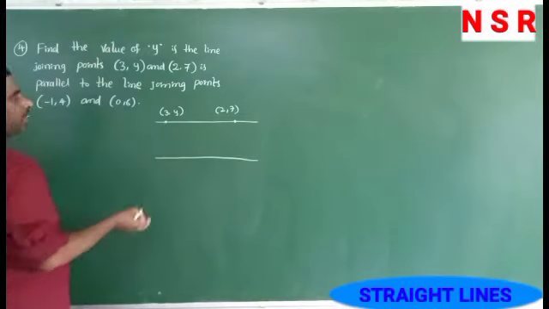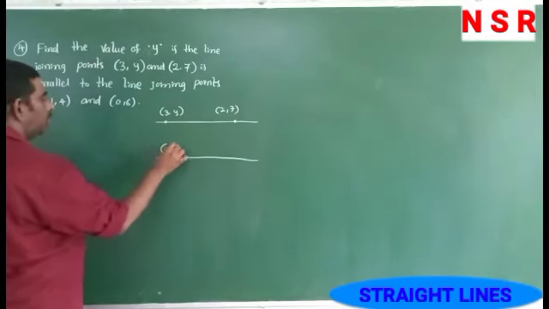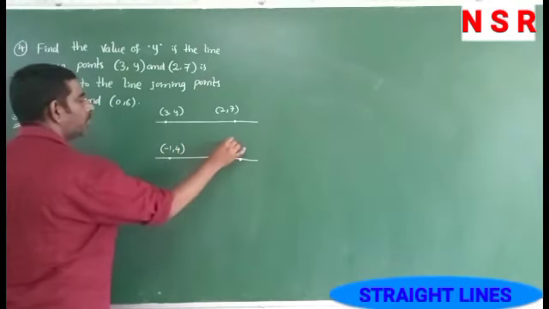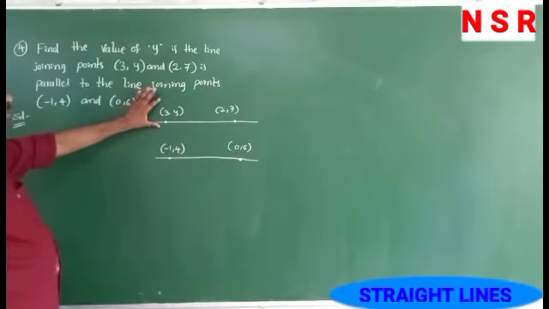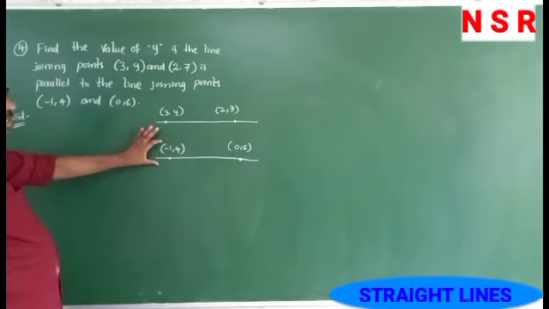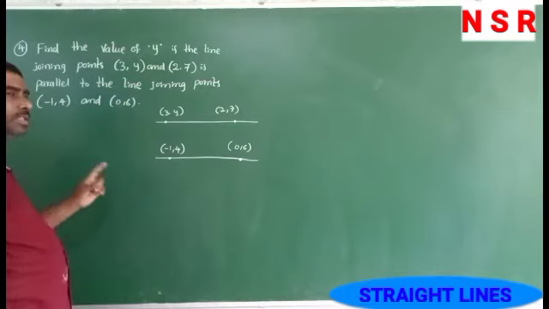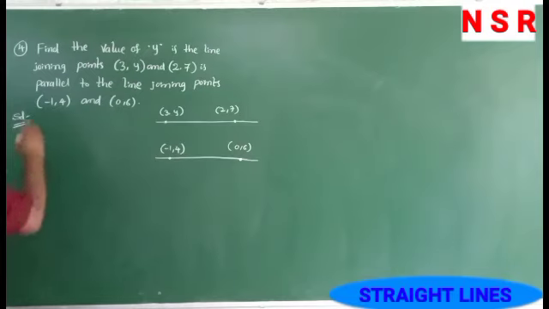And we also have another line, which is parallel to the given line and lies on the 2 points -1, 4 and 0, 6. So first find the slope of this line and next find the slope of the other line. Consider this line's slope m1 and this one m2. If 2 lines are parallel, we have a condition, that is, the slopes are equal. So by equating the slopes, we get the y value.